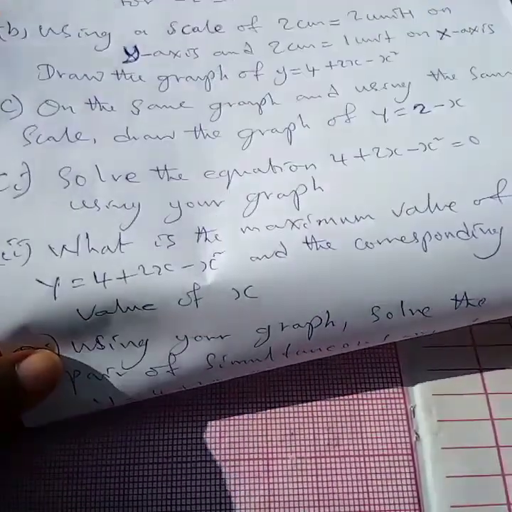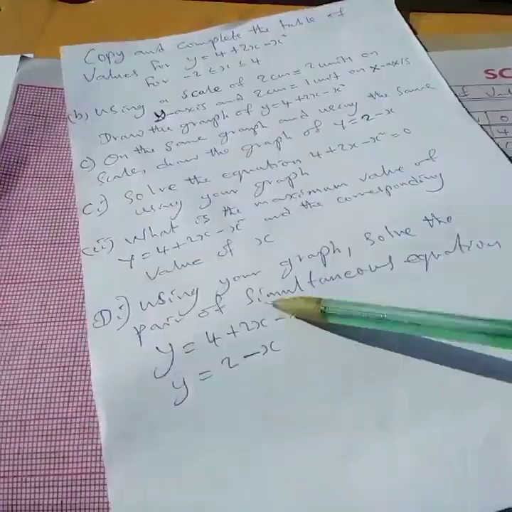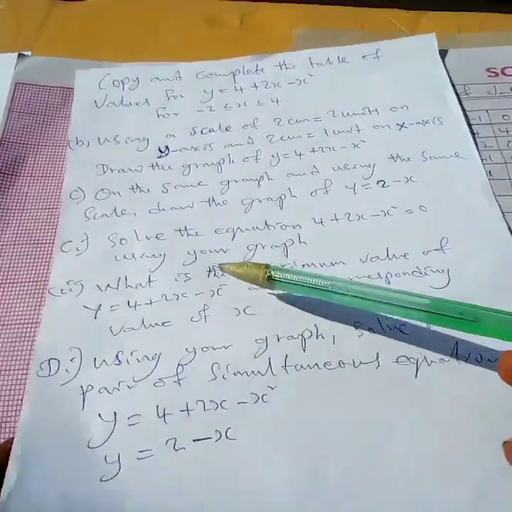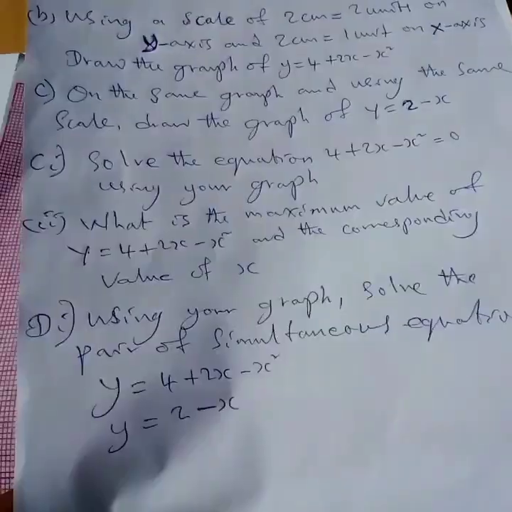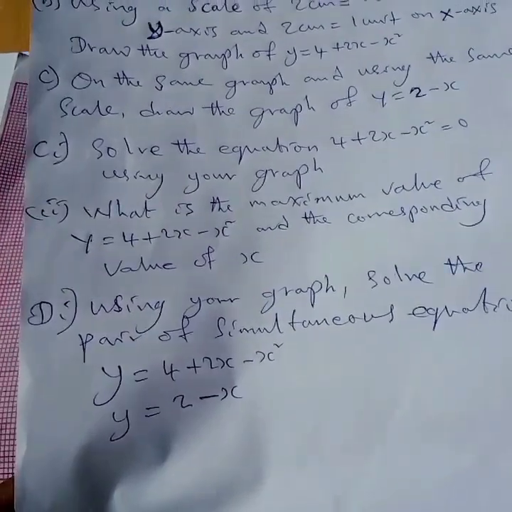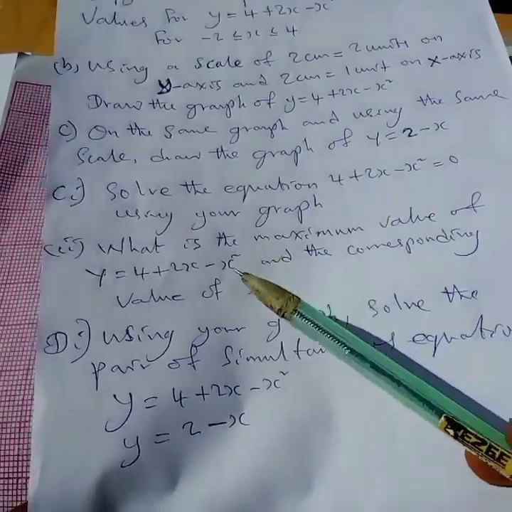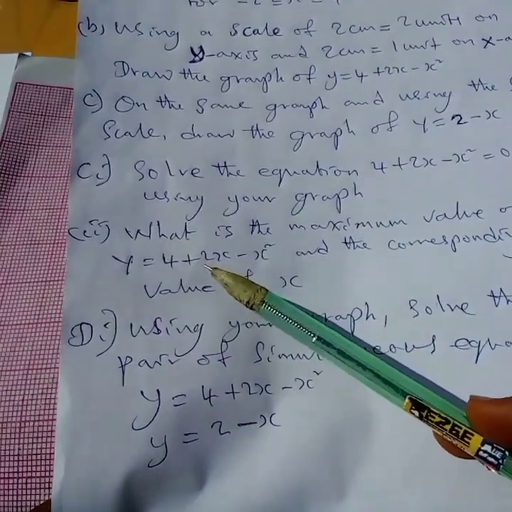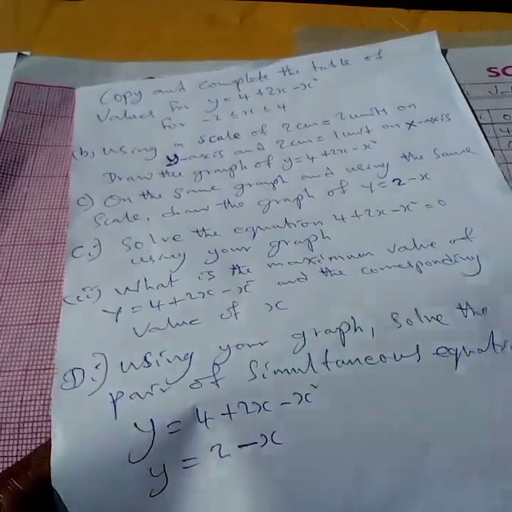Okay, and then you say, what is the maximum value of y equals 4 plus 2x minus x squared?